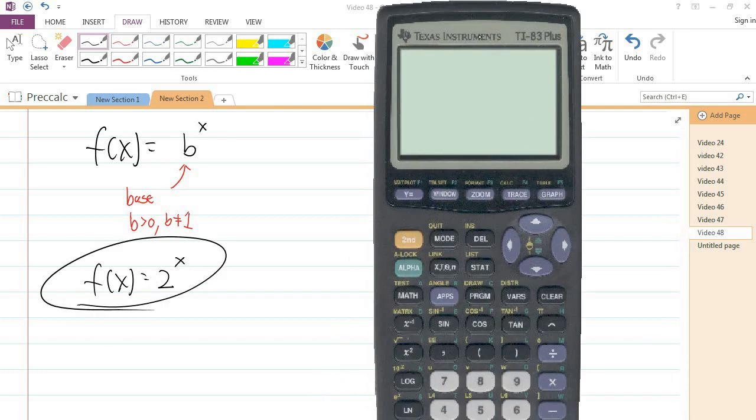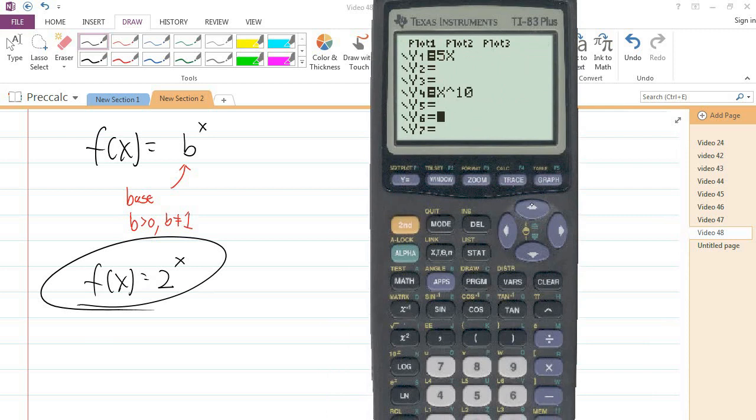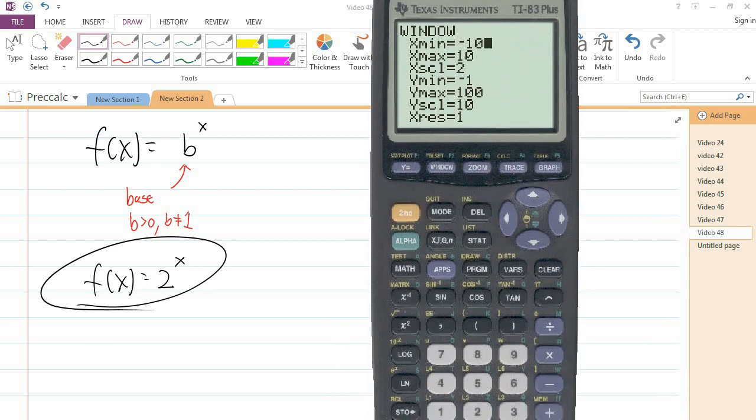So I'm going to graph 2 to the x again, all by itself. I'm going to fiddle with the window a little bit. X is negative 10 to 10. Y is going to be negative 5 to 15.